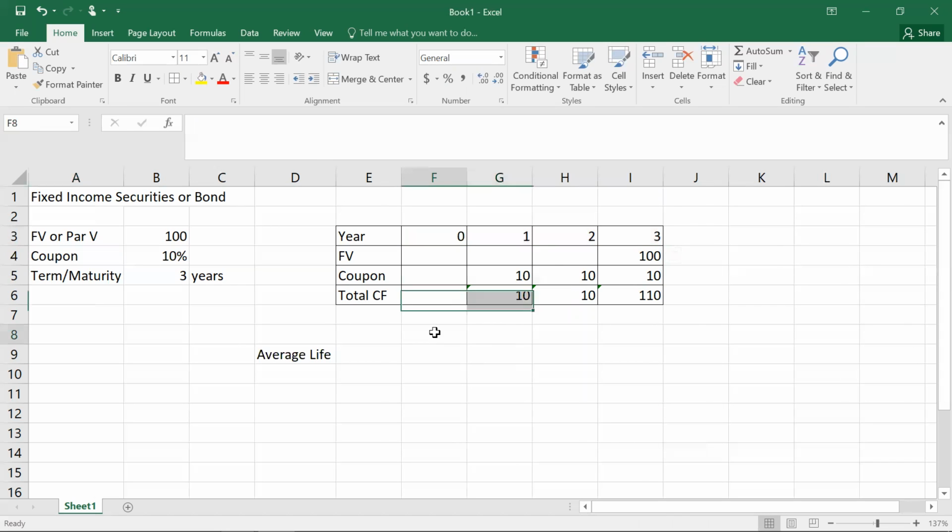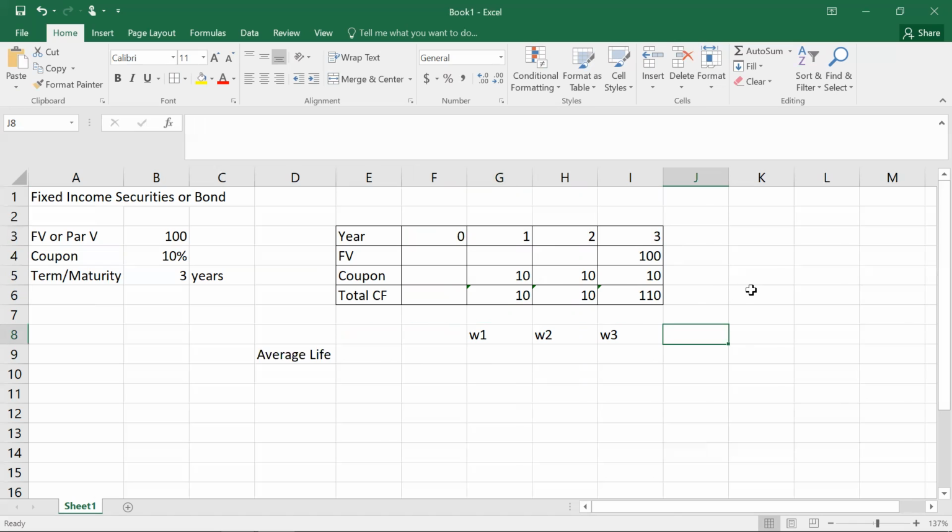So I will write certain terms for you. Suppose we are talking about weight 1, weight 2, and weight 3.